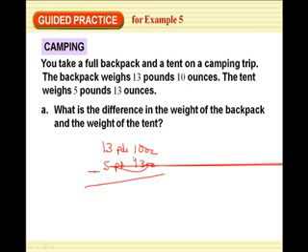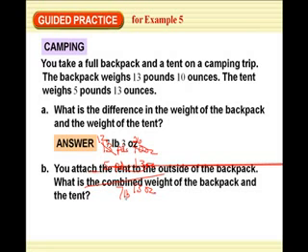Okay, we can't subtract because we can't take 13 away from 10, so we cross off the 13, make it a 12, and we add 16 to that. Why are we adding 16? Because 1 pound has 16 ounces. We borrowed 16 ounces. So 13 ounces here, and 12 minus 5 is 7. 7 pounds 13 ounces. 7 pounds 3 ounces.